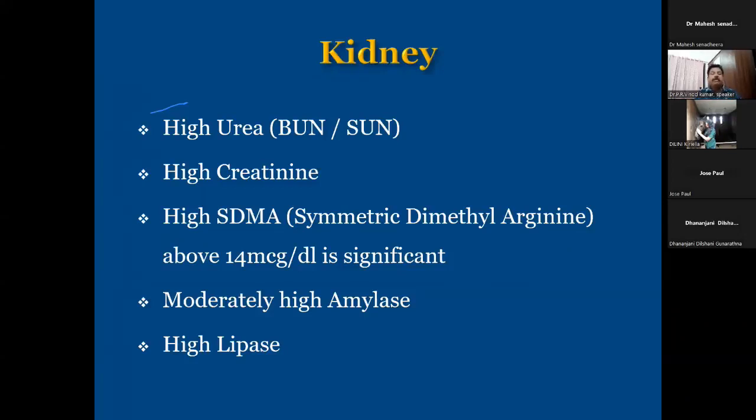So nowadays, creatinine is not a big measure of kidney disease. And moderately high amylase and lipase, because I have already said that amylase and lipase are excreted through the kidneys, and if there is kidney damage, amylase and lipase become very high.